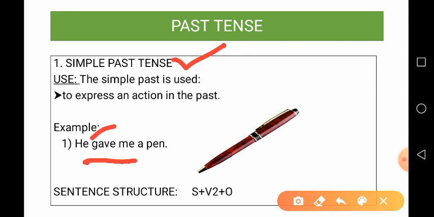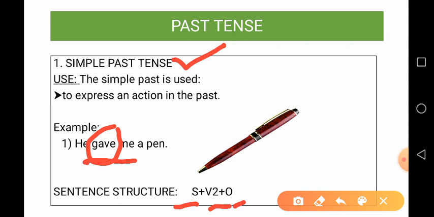Gave is the second form of the verb. In the simple past tense, the sentence structure is subject plus V2 plus object. V2 is second form of the verb.